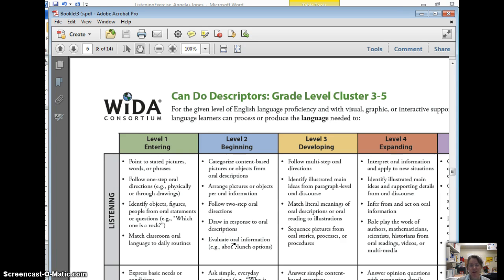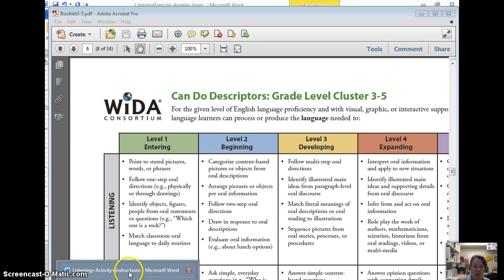So she's asking the students, what draws your eyes to the Henri Matisse piece? So, Paulo has to evaluate oral information to essentially state an opinion.